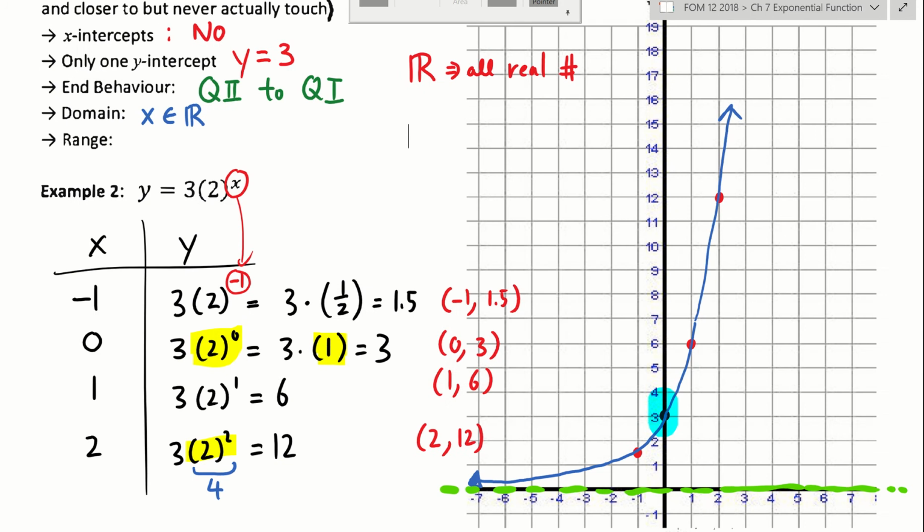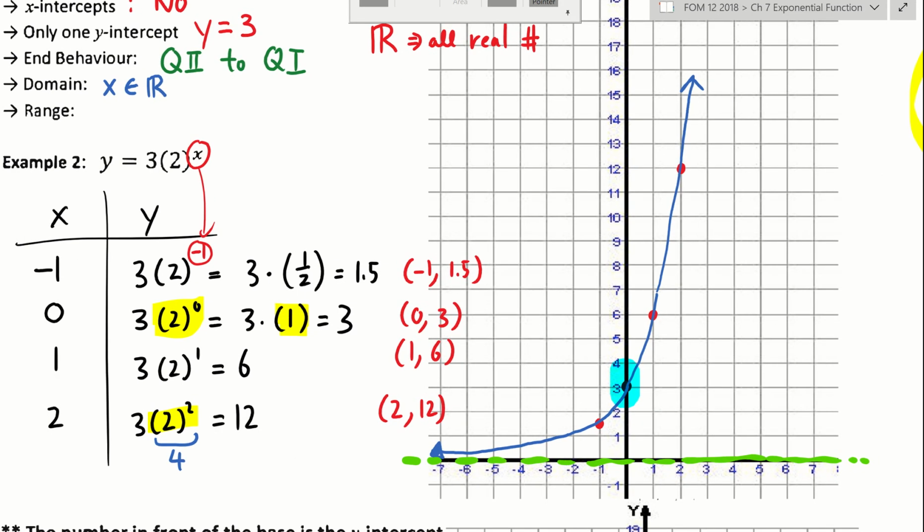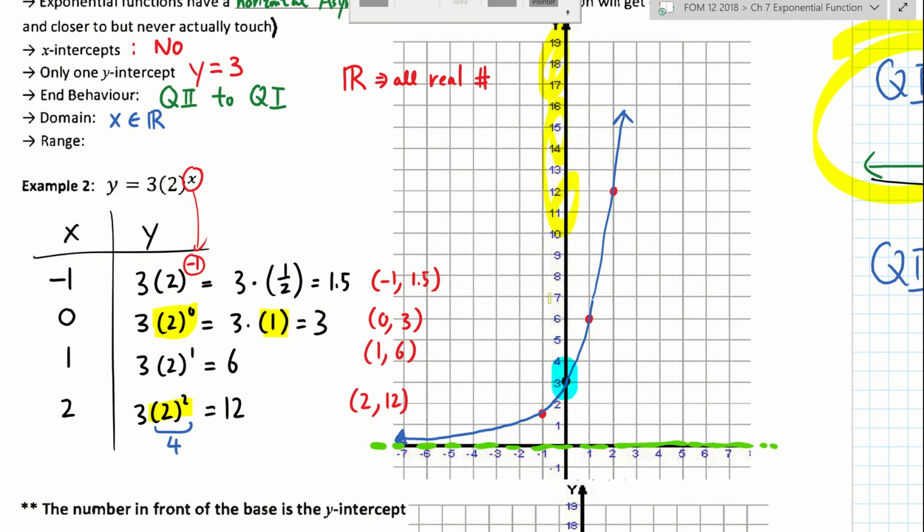Now for range, that means y values, right? Our y value can be a lot of positive numbers. As you can see, highlighting in yellow right now, we have values for all these different y values because the graph keeps going up. But the smallest y value we could have, some of you might say, oh, it's 0. No, it cannot actually touch 0.